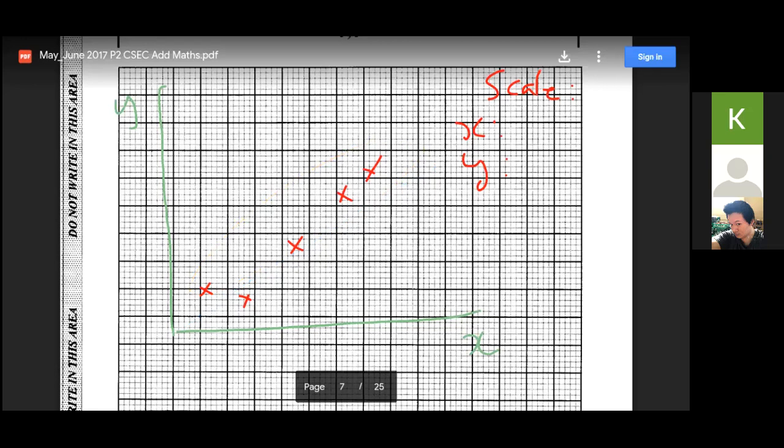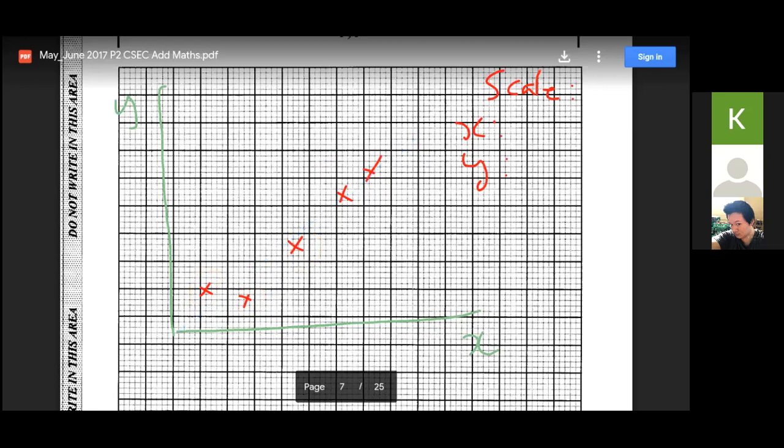What you should aim to do, if you can't get the line to pass through the points, is to have an even number of points on both sides, right? So you see how I have 2 points here and 1 point here, that's fine. But I cannot have, gosh, so if I have 1 point on one side and 2 points on the other side, that's fine.